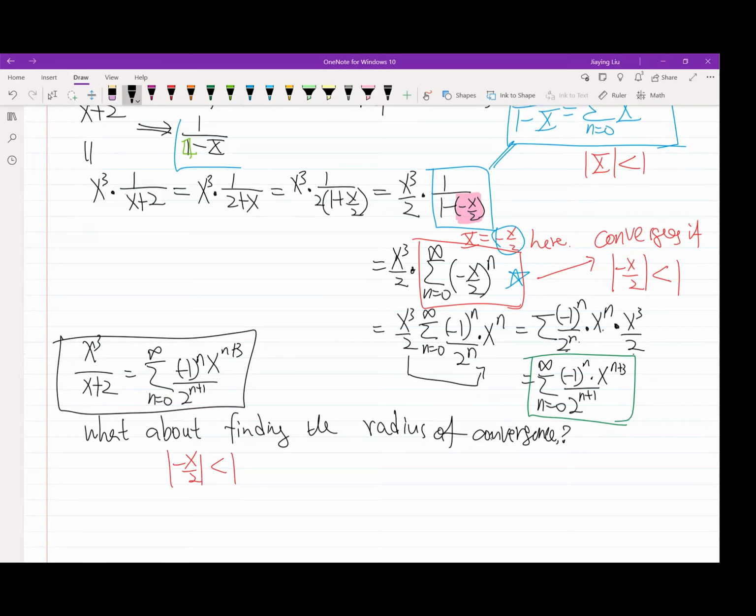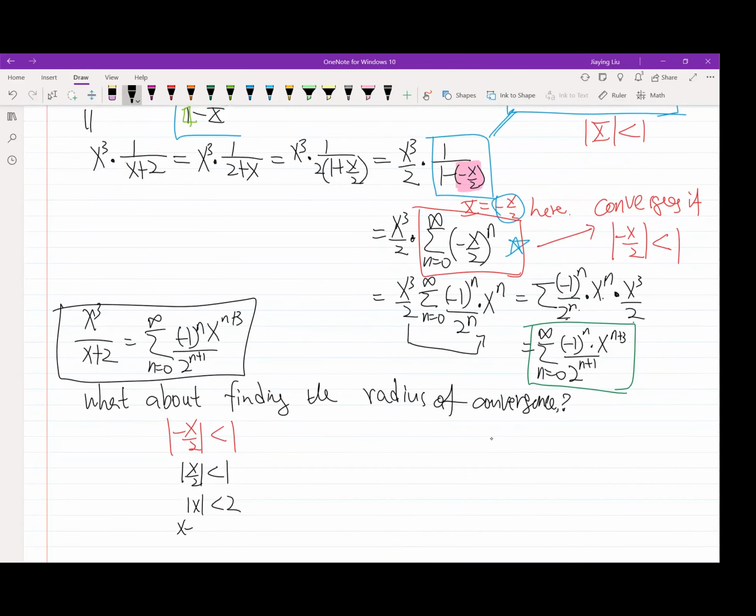From here, we can try to write it as absolute value of x minus a less than r. So that's the same thing as absolute value of x over 2 less than 1. And then we can multiply by 2 on both sides because 2 is positive. So absolute value of x less than 2, which you can write as absolute value of x minus 0 less than 2.